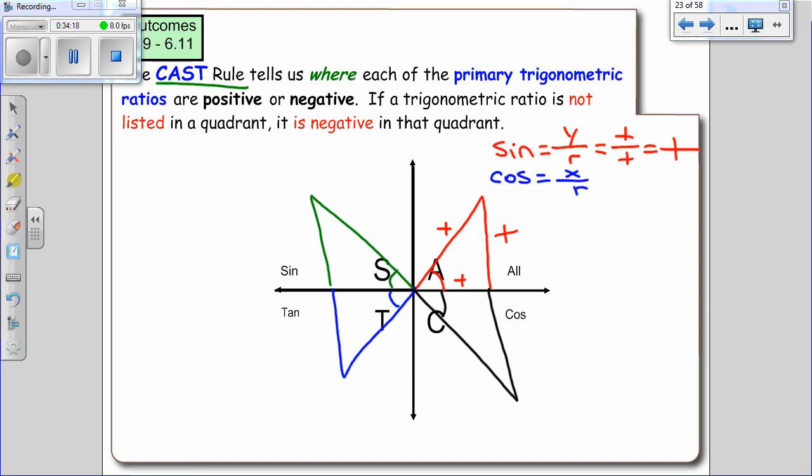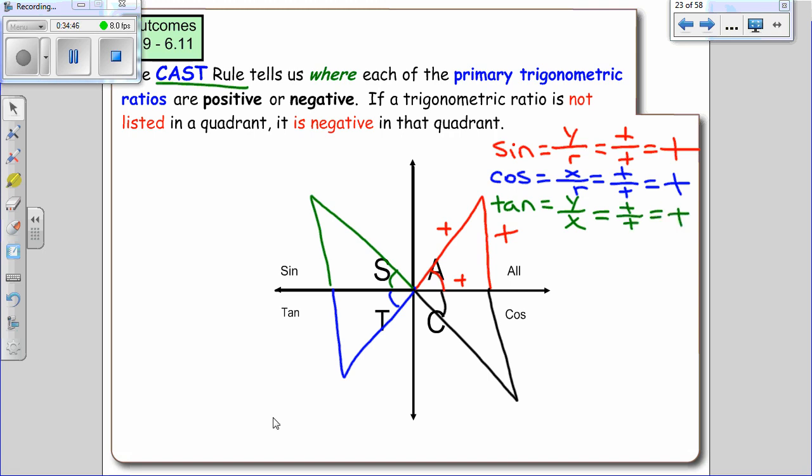The tan ratio. Tan ratio is opposite over adjacent, which is y over x. That means you have a positive over a positive. The tan ratio is positive in quadrant 1. All 3 ratios, all 3, are positive in quadrant 1.